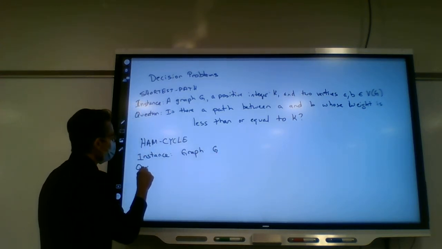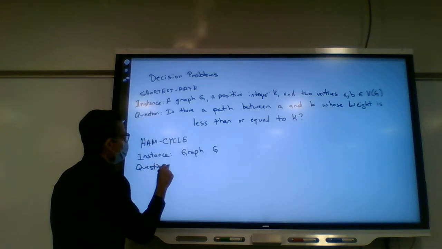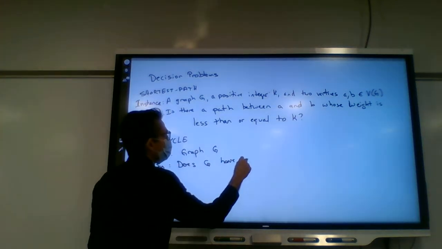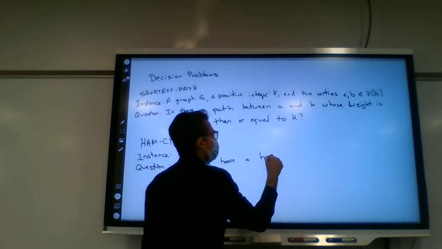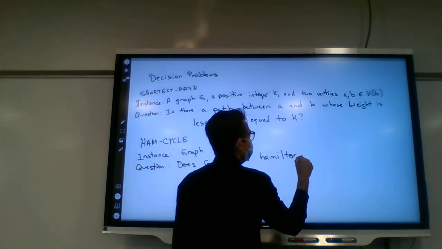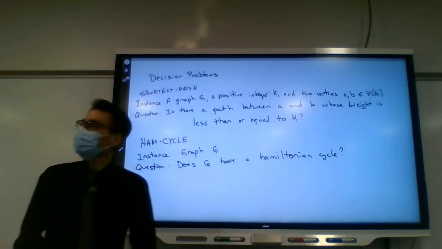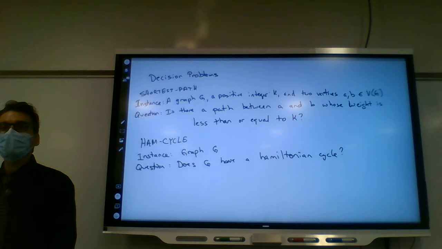the question could be, in one case, does G have a Hamiltonian cycle?